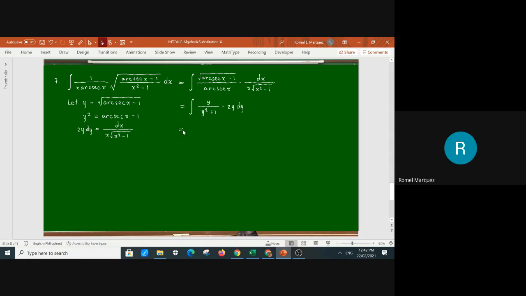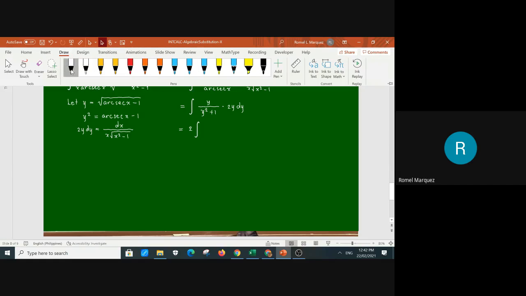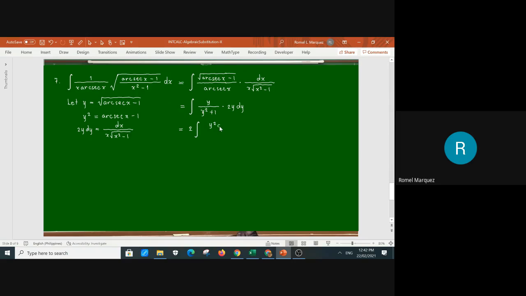So, putting the 2 out, we have 2 integral of y squared dy over y squared plus 1.